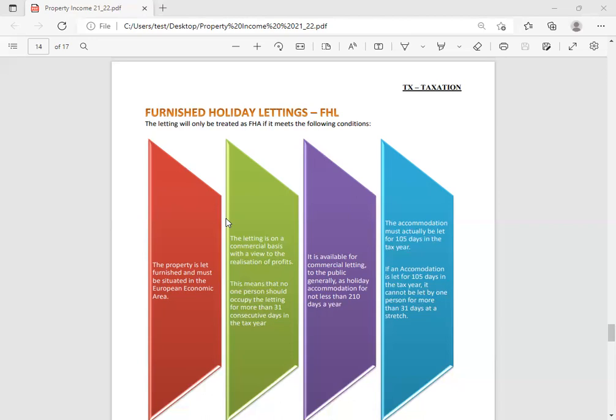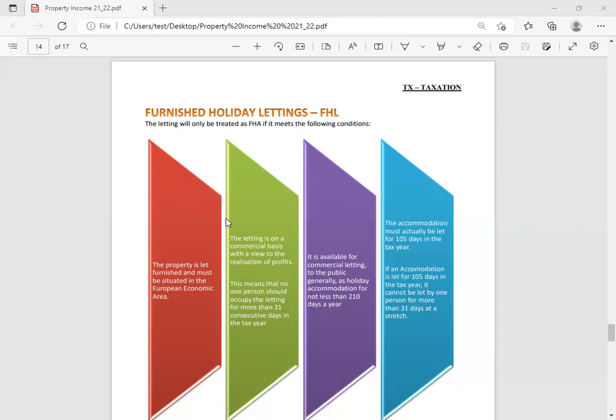So how could you rent out a leisure place, a holiday place, for more than a year? Next, this property must be available for letting, meaning no repair and maintenance work is going on, for at least 210 days in a tax year. It should be available for commercial letting to the general public as a holiday letting for not less than 210 days a year.